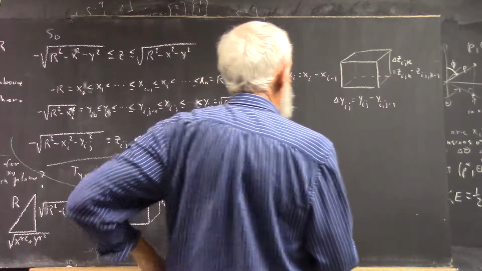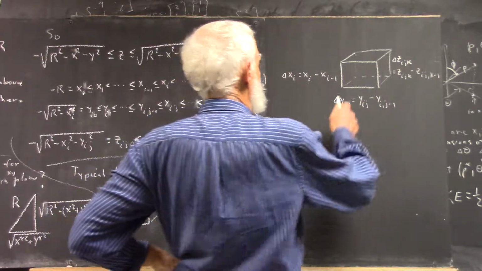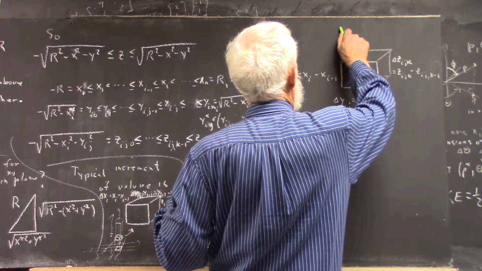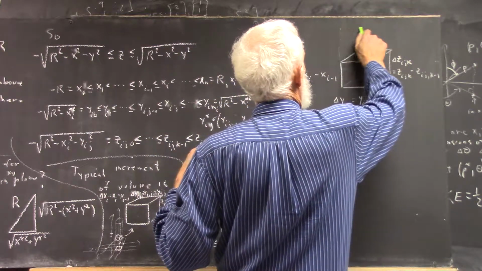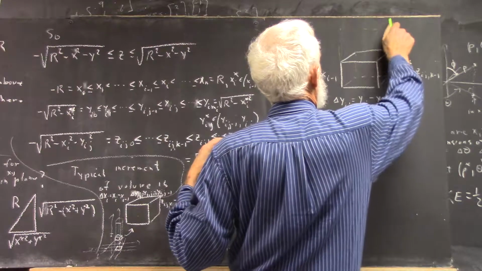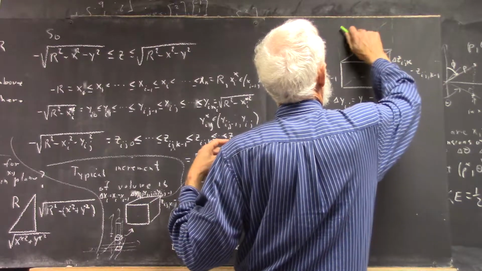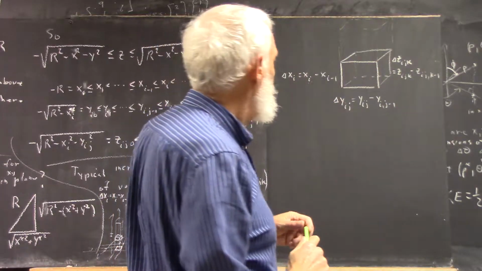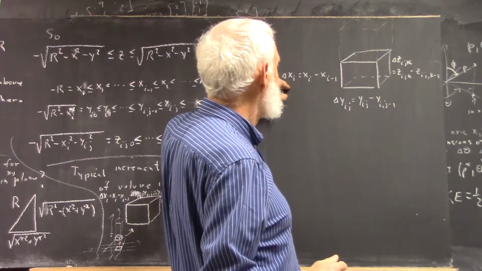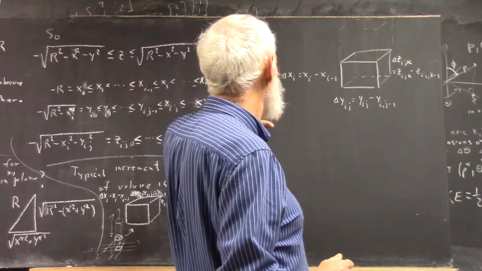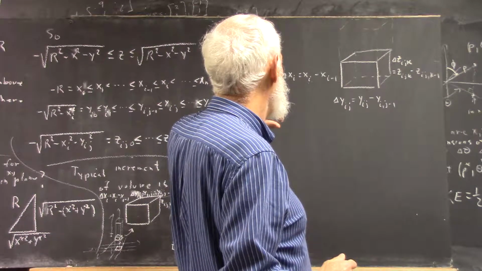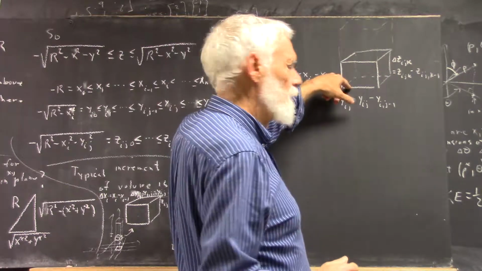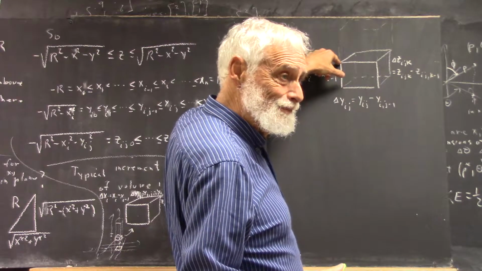So if I was to draw it and mess up my picture, I'll do it anyway. Okay, so we have the next increment up. It still has the same, assuming the same i. I labeled my delta x_i where I should have labeled my delta z.